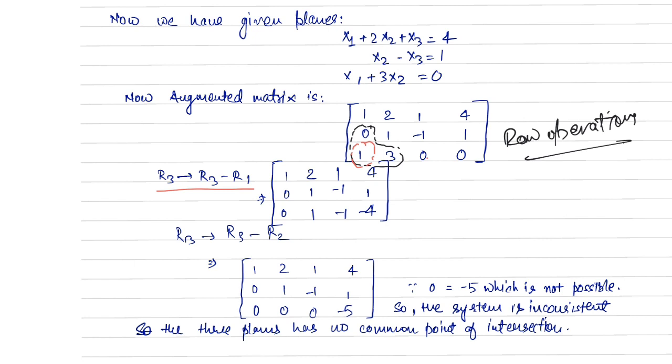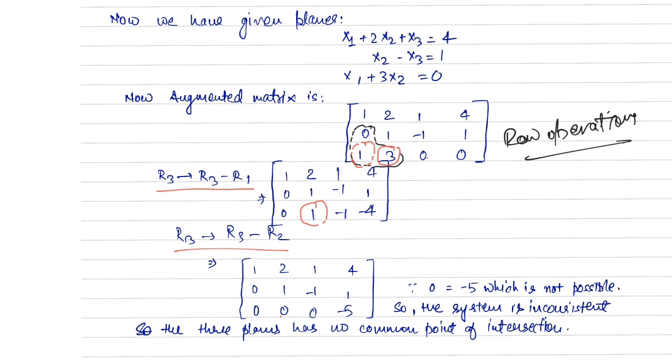Now I have to make this point, the 3, into 1, and after applying the row operation, we get 1. Now we have to convert this one into 0. If we subtract R2 from R3, this one will convert into 0. After applying this row operation, we get 0 minus 0 is 0, 1 minus 1 is 0, minus 1 minus minus 1 is 0, and minus 4 minus 1 is minus 5.